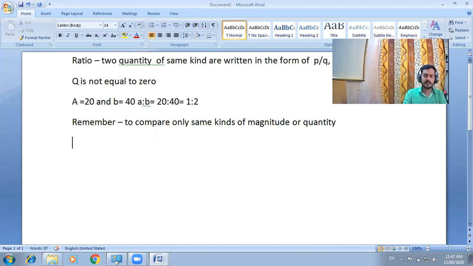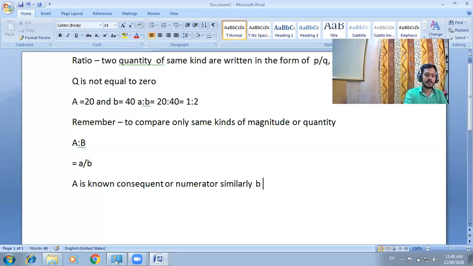Here one thing is again important. The symbol for ratio is A to B. Okay, we can also write it in another form, A by B. Here A is known as antecedent.